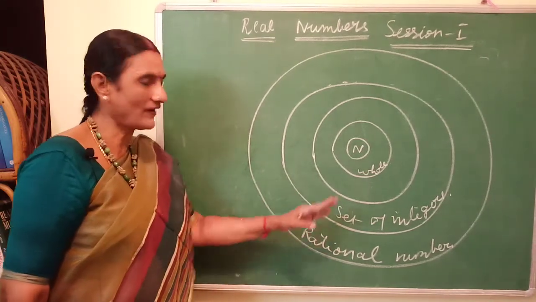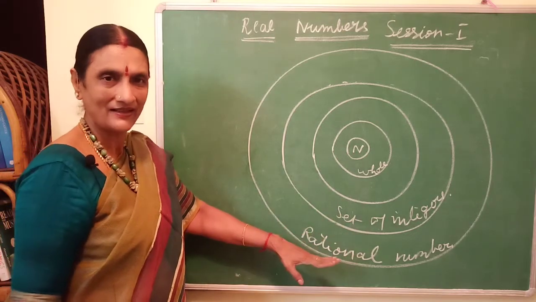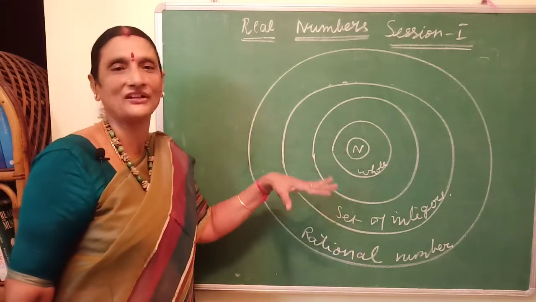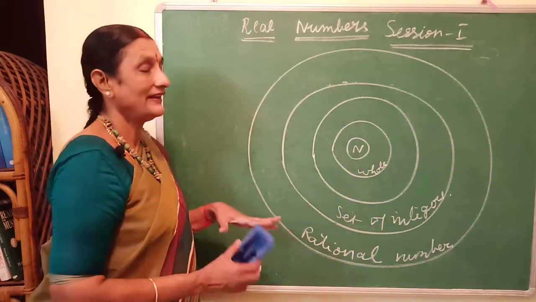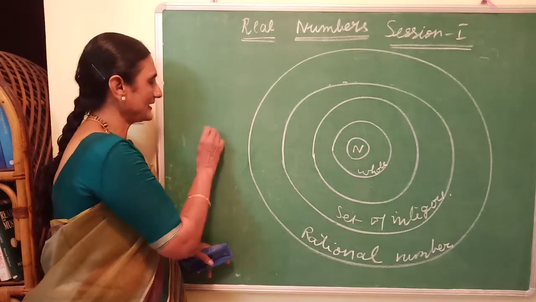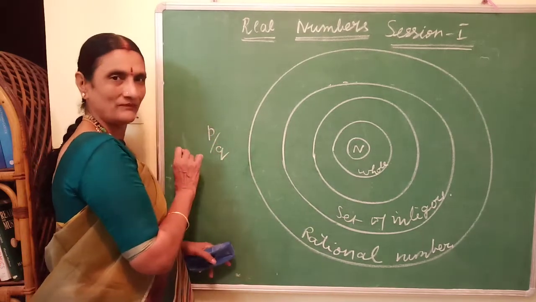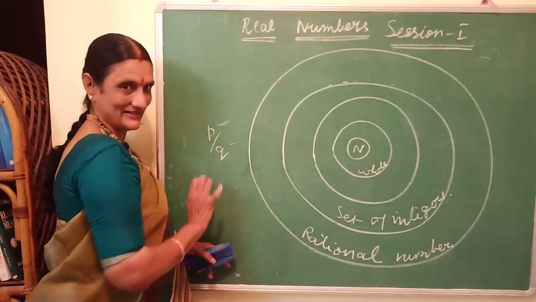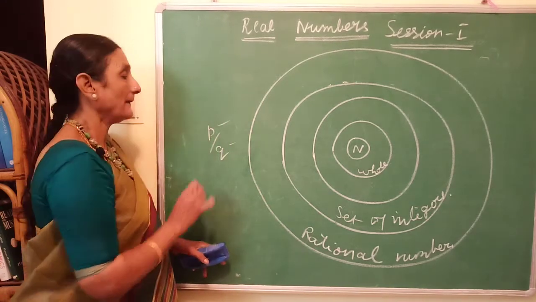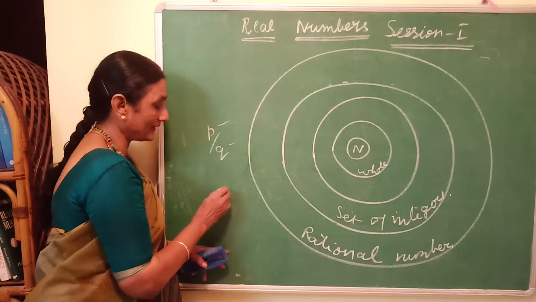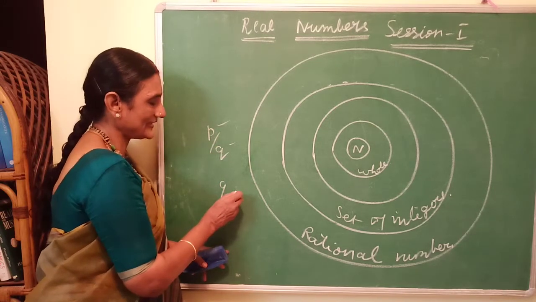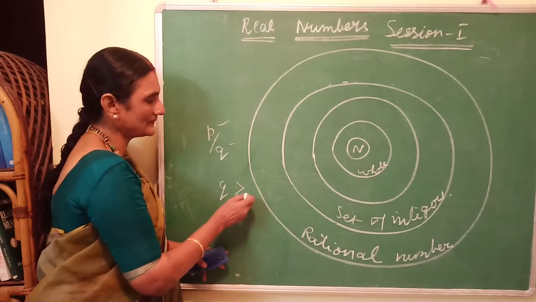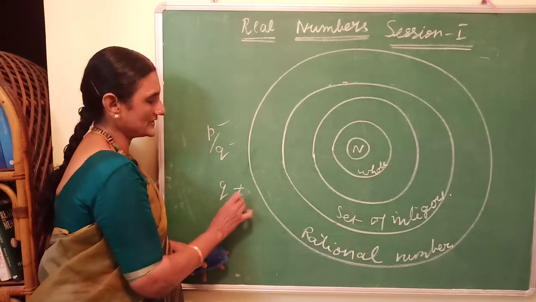So when we define the set of rational numbers, we have to give a definition. What is the correct definition? Numbers which can be represented in the form p by q, where p and q are integers, but q is not equal to 0.